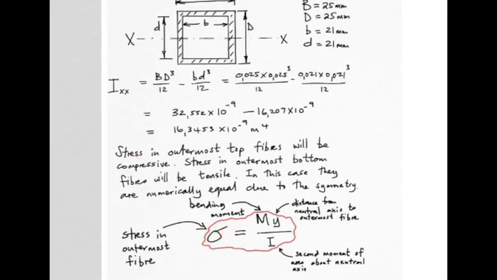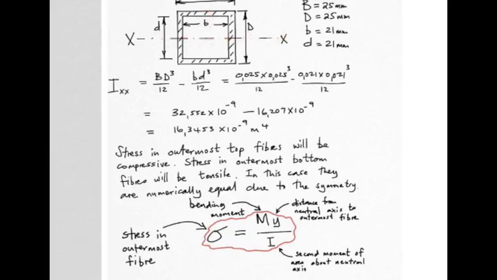How do you find it? Well, you take the bending moment, you multiply by y, which is the distance from the neutral axis to the outermost fiber. The neutral axis is the one where stress is 0, which in this case is the center line. Okay, so y is the distance from this axis to the outermost fiber, which in our case would be d over 2.